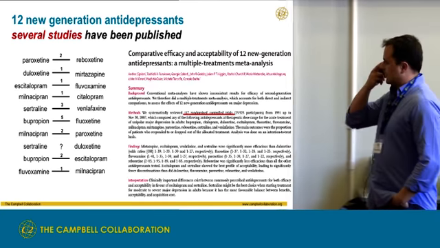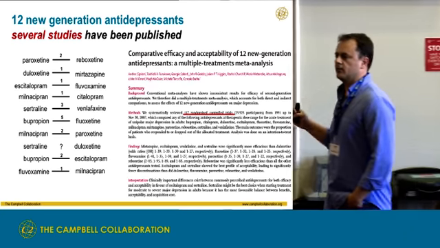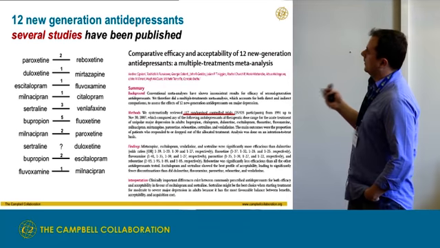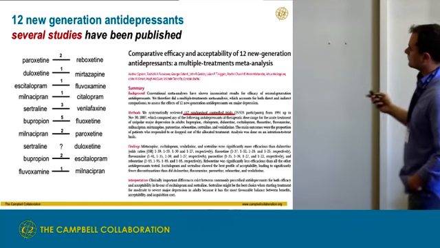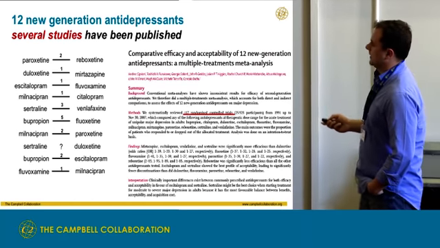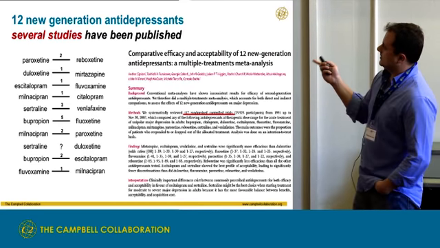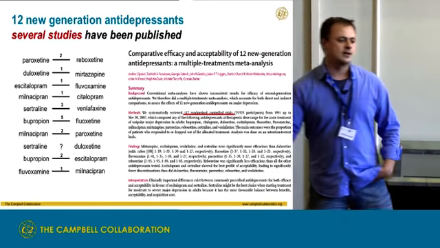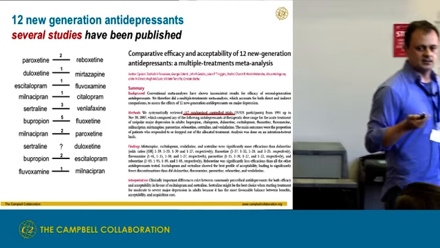There is a paper that actually compared all these 12 new generation antidepressants using network meta-analysis. And as you can see, they ended up with 117 studies.